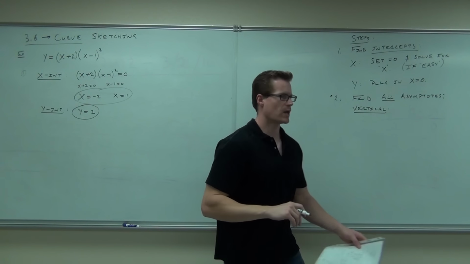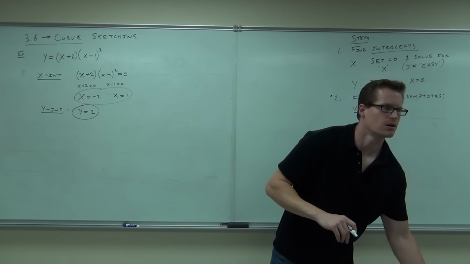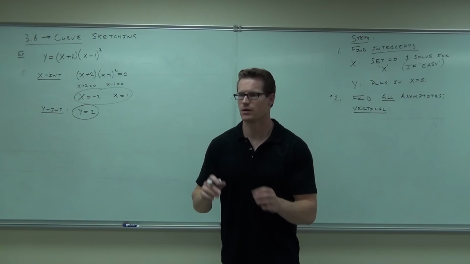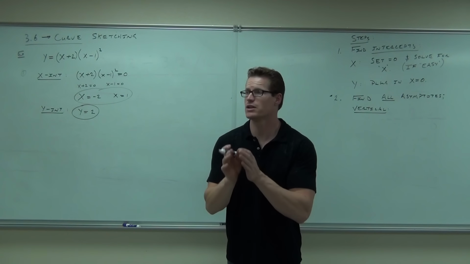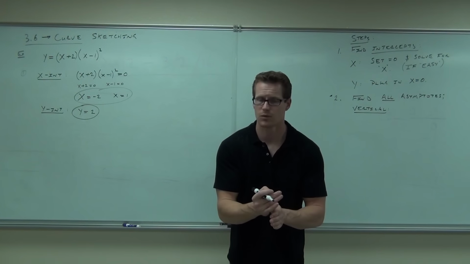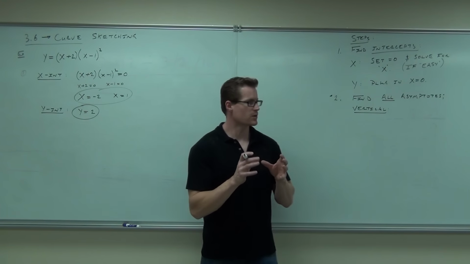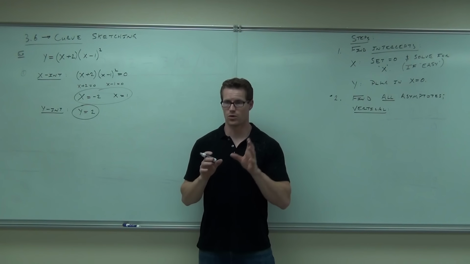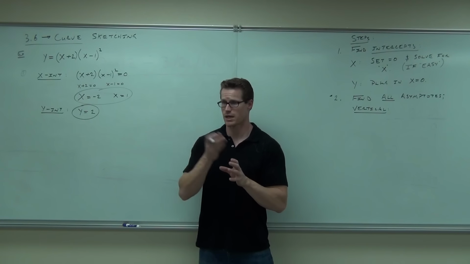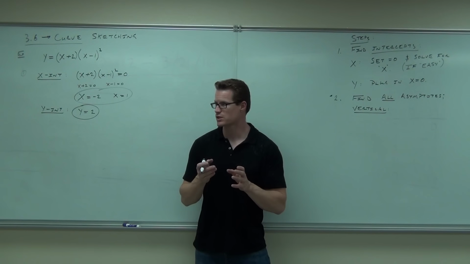Do you remember when vertical asymptotes exist? Denominator equals what? 0. And you can't. When do holes exist? Okay, so denominator equals 0 gives you asymptotes or holes. If you can cross it out, it's a hole. If you can't cross it out, it's an asymptote.